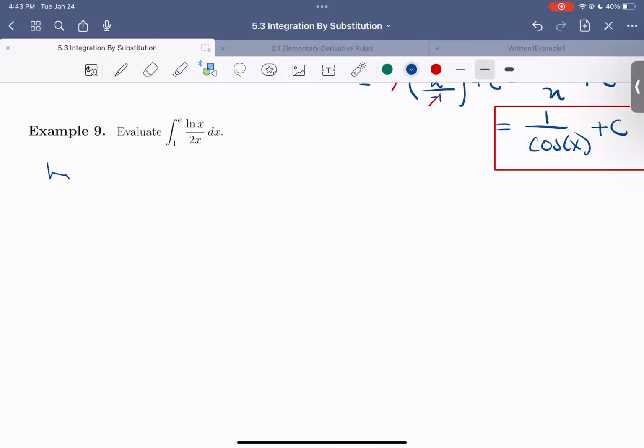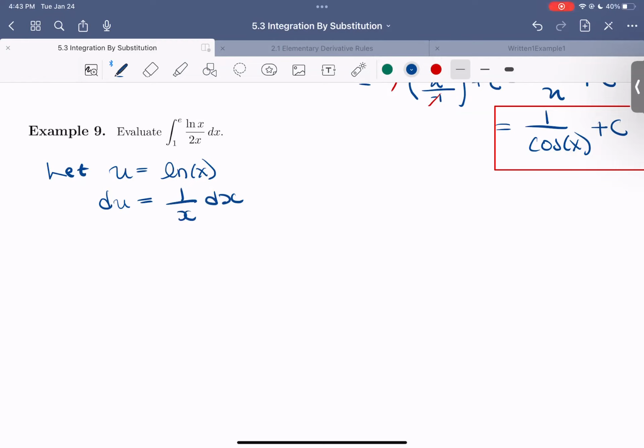if we let u equal ln of x, then recall the derivative of u with respect to x would be 1 over x. So we can bring that x over. So here, we're looking pretty good.